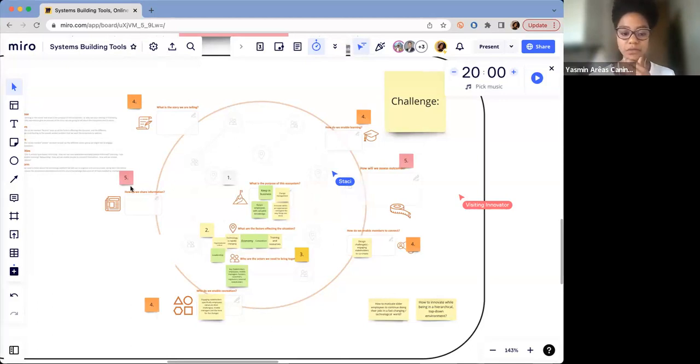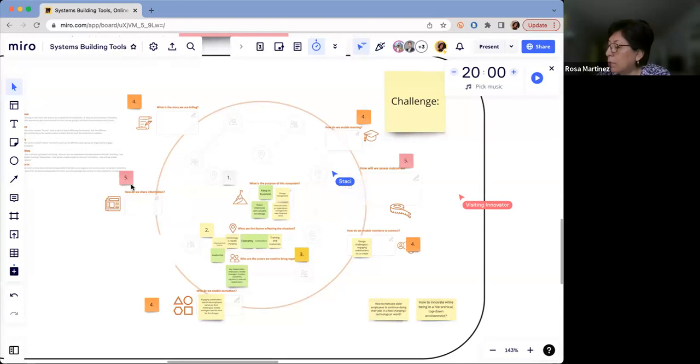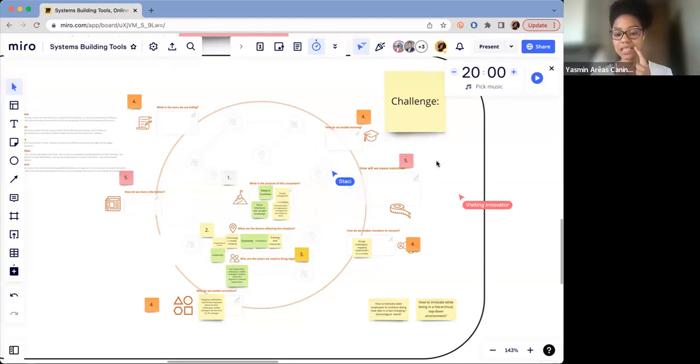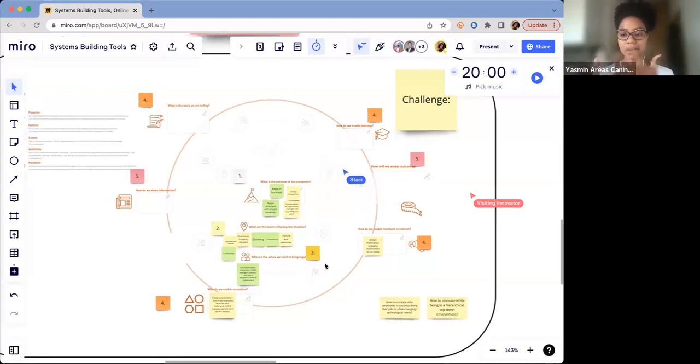And then we have the 5 here. How do we share this information? Identify that it's necessary. And how do we assess outcomes? So those are the steps now. You've identified the main elements, and now it's about actually making it connect overall.